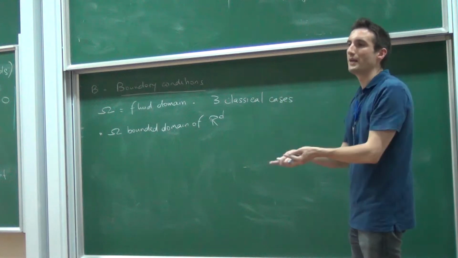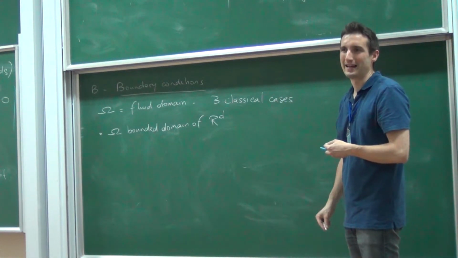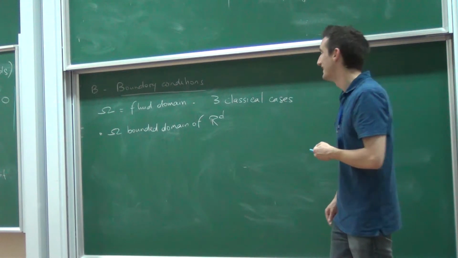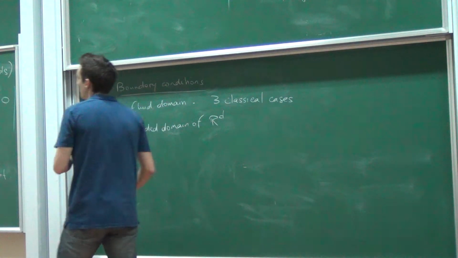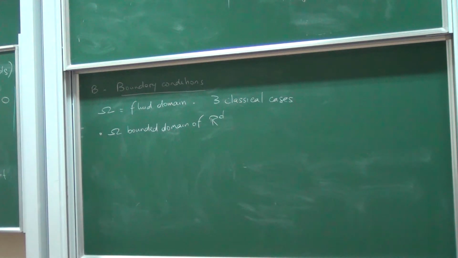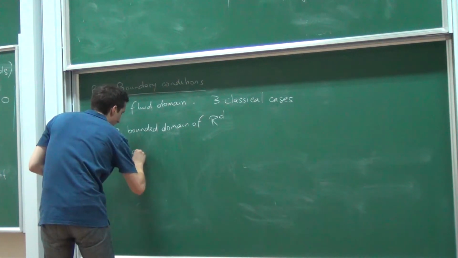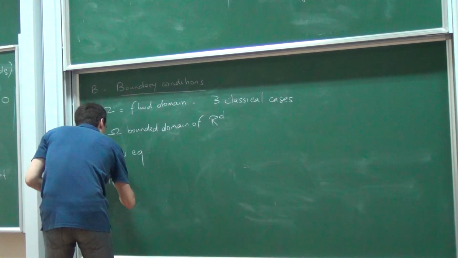If you take a domain with a boundary, then you have to add some boundary conditions besides the equations. It depends on the equation that you consider, either the Euler equation or the Navier-Stokes equation.